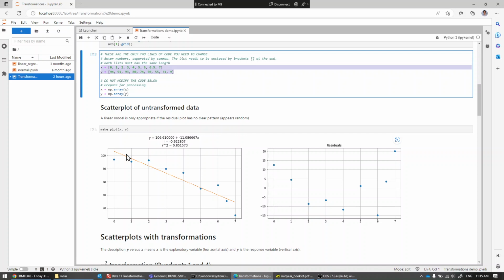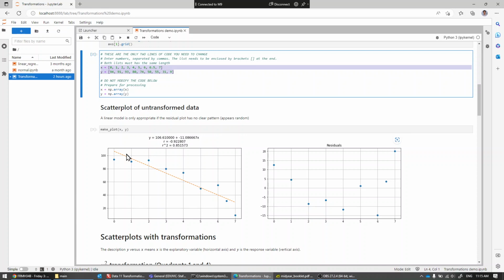Residual plots. Okay, so on the right here, I've created the residual plot for you. Does that look random to you? Okay, so we'll talk about this later. If you talk to a statistician, they will probably say this does not look random, mainly because of that.